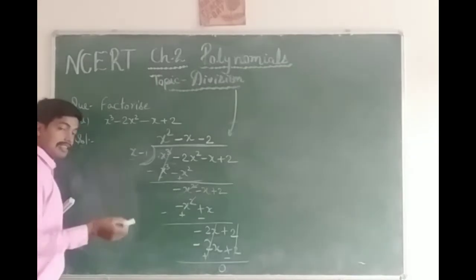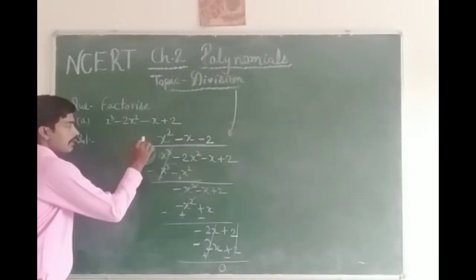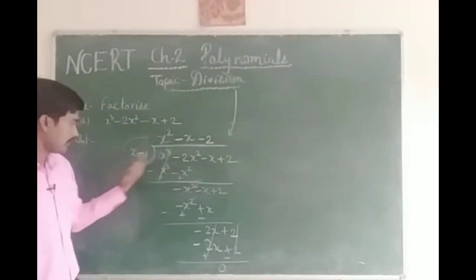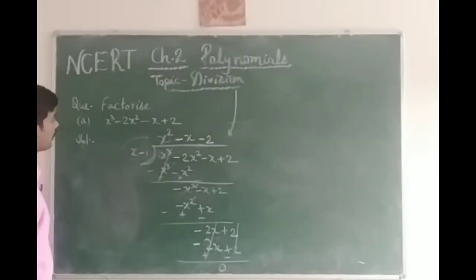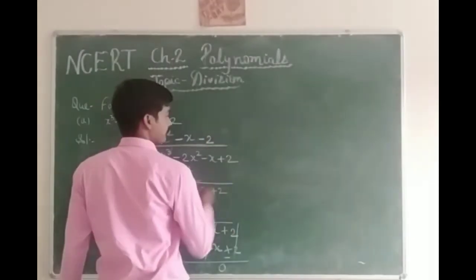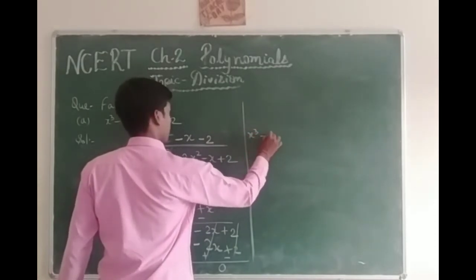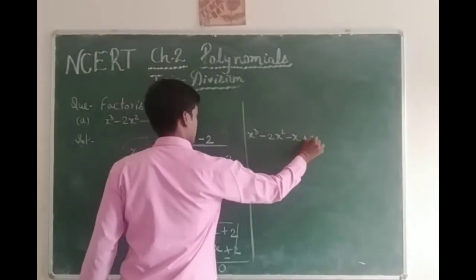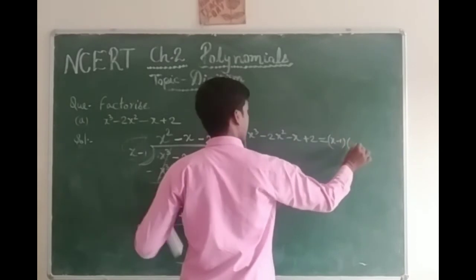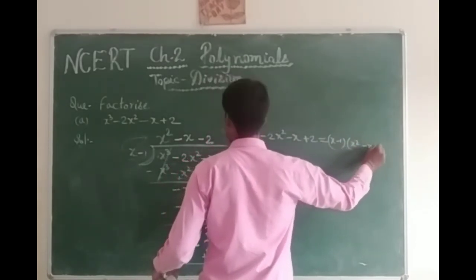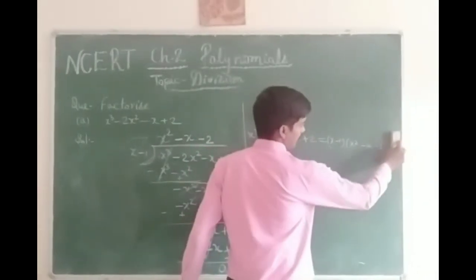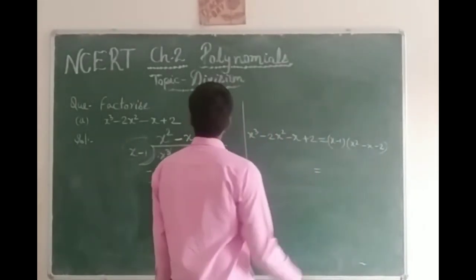Okay, now as in traditional division, if we multiply divisor by quotient and add the remainder, we get this dividend, so we can write very easily. x cube minus 2x square minus x plus 2 is equal to x minus 1 into x square minus x minus 2 plus remainder, but remainder is 0, so no need to write this, we can leave it here.